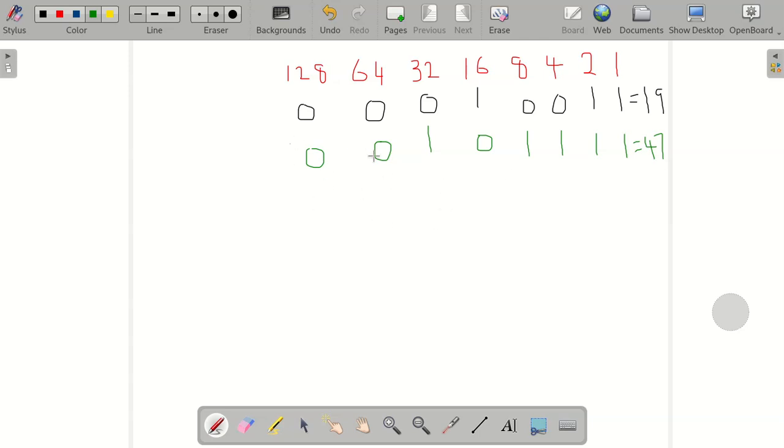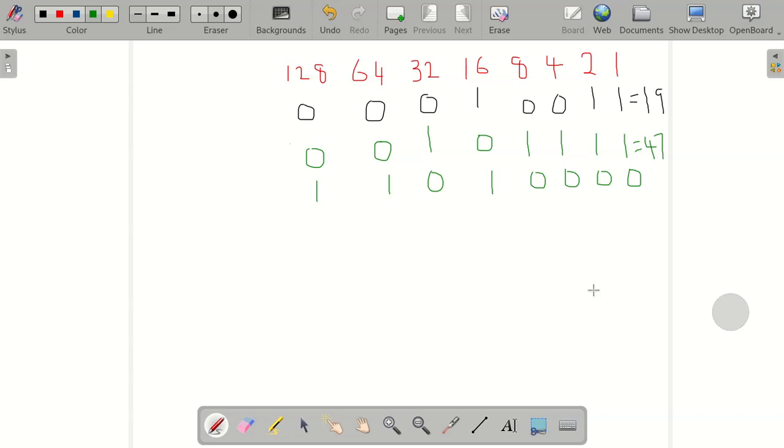First of all, we convert 47 into 1's complement by flipping all the numbers. Zeros become 1's, 1's become zeros. So this 0 becomes a 1, this becomes a 1, this is a 0 now, this becomes a 1, this 0, this 0, this 0, and that 0. So this is 47 in 1's complement.